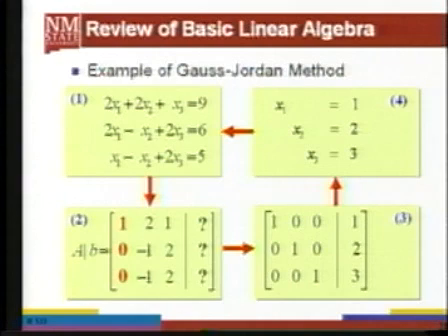So we begin by using elementary row operations to transform the first column of system number 2 into 1, 0, 0. And then we use elementary row operations to transform the second column of the resulting matrix into 0, 1, 0.